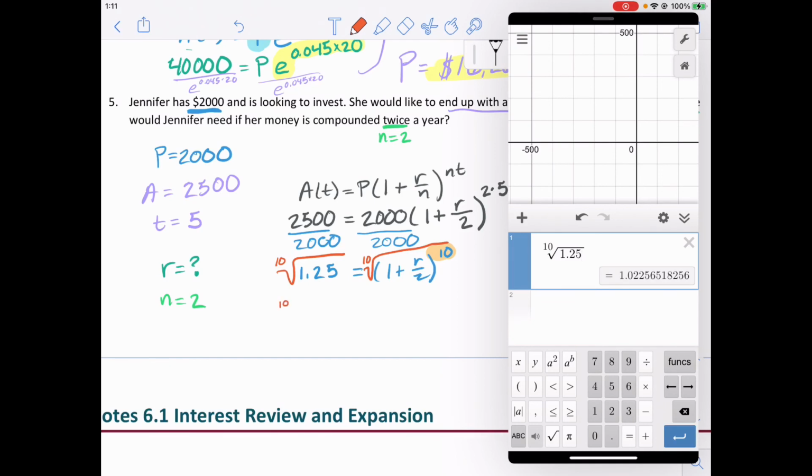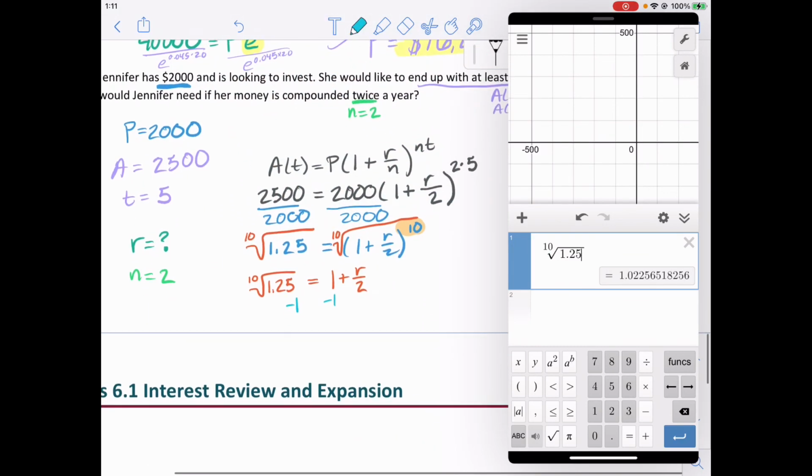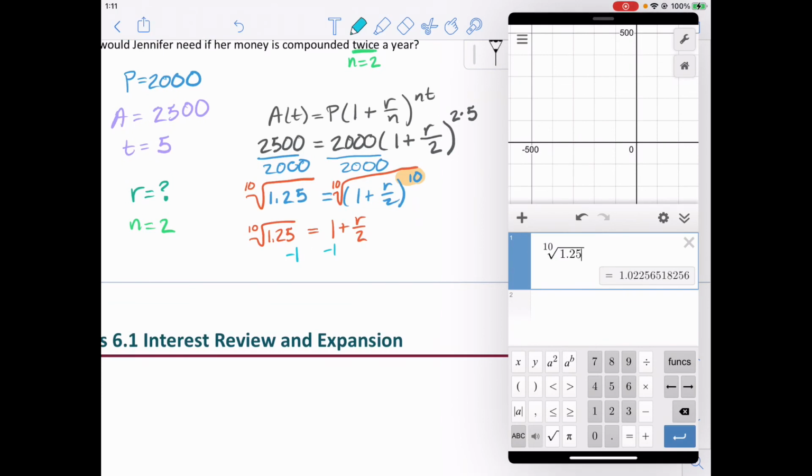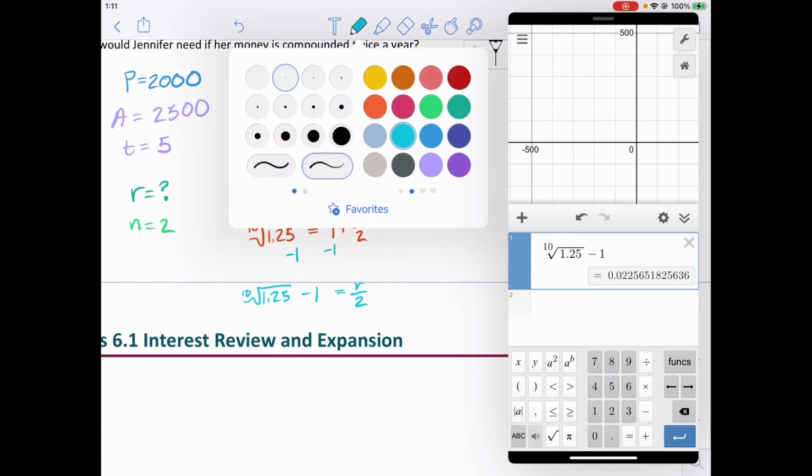And so what you want to do here is not round. So I'm going to leave this like this. Do not round that value. And here we just get 1 plus r over 2. So now what I'm going to do is subtract 1 from both sides. And I get now the 10th root of 1.25 minus 1 equals r over 2. And over here I can just go minus 1. So I'm keeping track of everything I'm doing. Do not round this number. Now I got to get rid of the 2.